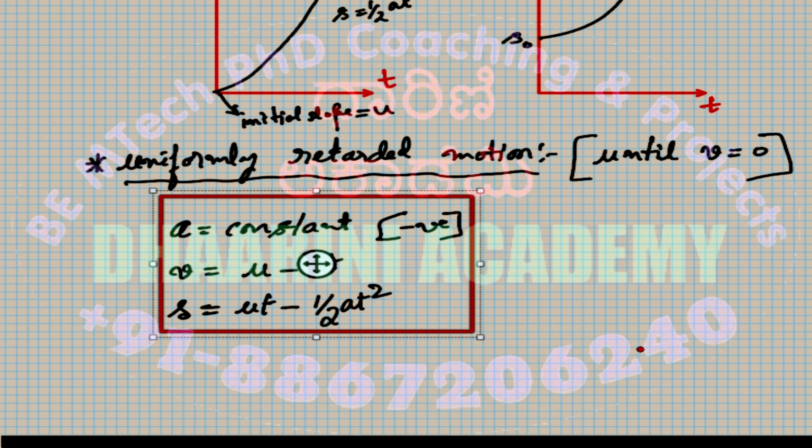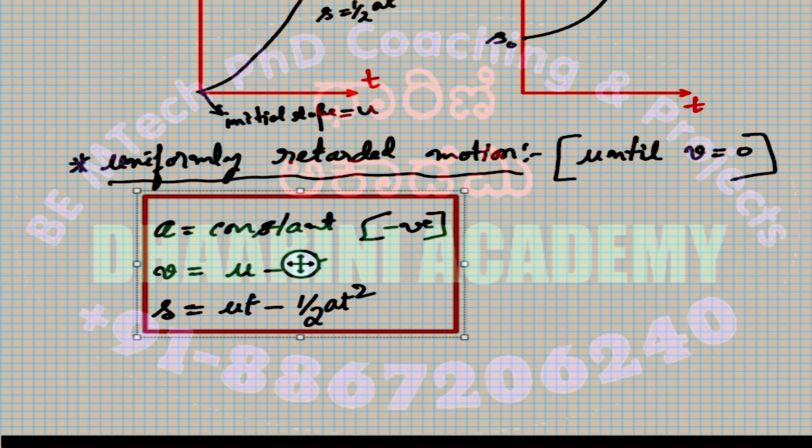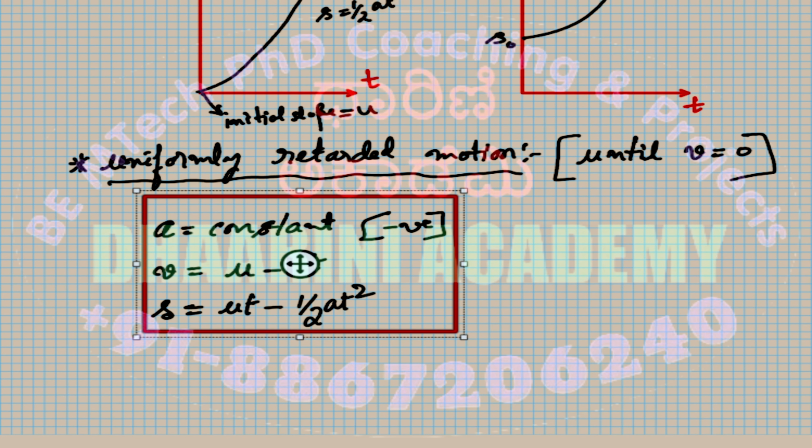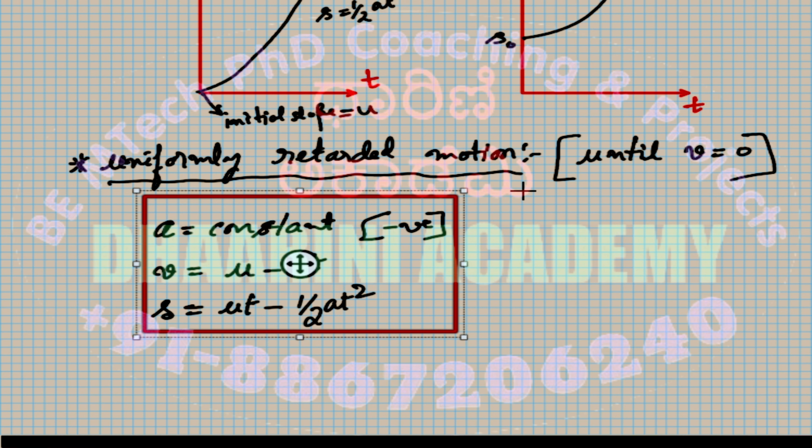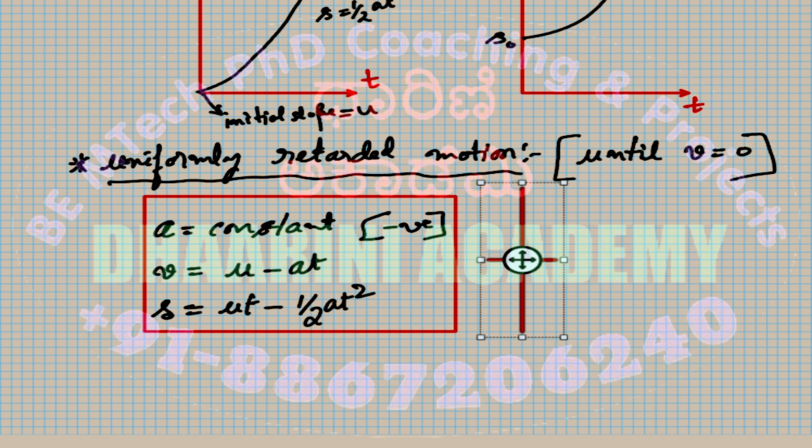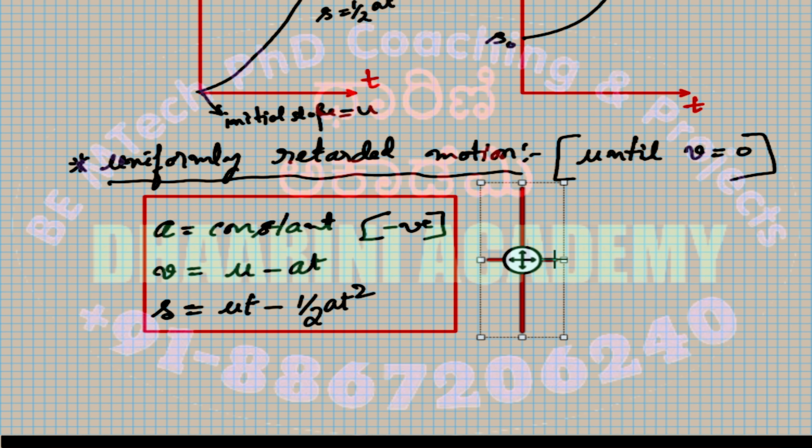Now let's quickly draw the required graphs for this. The first graph: a is a constant and it is negative. Whenever I want to plot a negative value, it comes below the x-axis. If I consider the x-axis like this, then you see the acceleration comes below this.